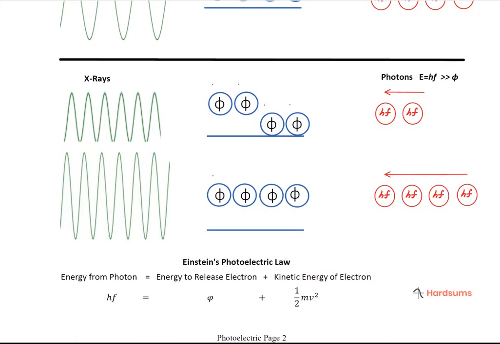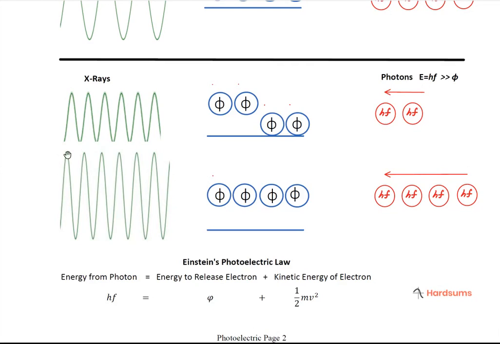And finally, if you increase your frequency even further, up to something like X-rays, for example, well, now f is higher, which means the energy in each photon is even higher again, which means now they have more than enough energy to displace an electron. And that's what happens. Each photon matches up one-to-one with an electron over here, and they move off at even higher speed because now they've got excess energy, and that goes into kinetic energy as speed.